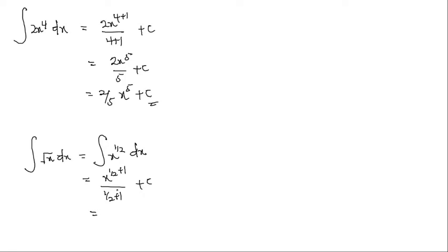If we add 1 to half, that becomes 3 over 2. So we have x raised to the power 3 over 2 all over 3 over 2, plus c. If we rewrite all of this, we bring the 2 to the top, and it becomes 2 over 3 multiplied by x raised to the power 3 over 2 plus c as our answer.